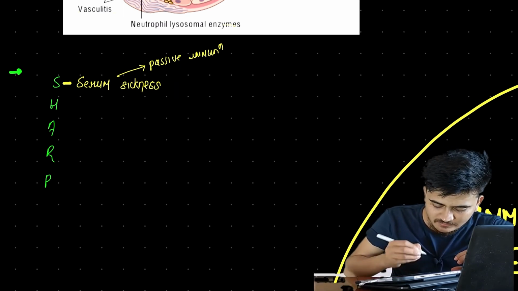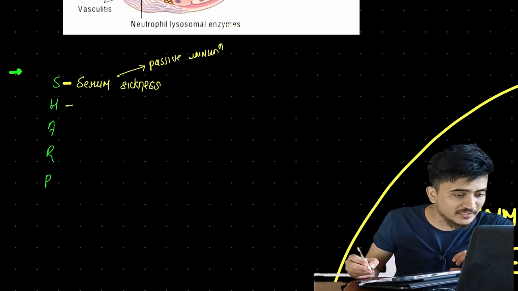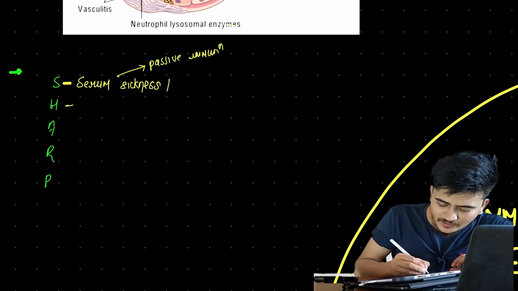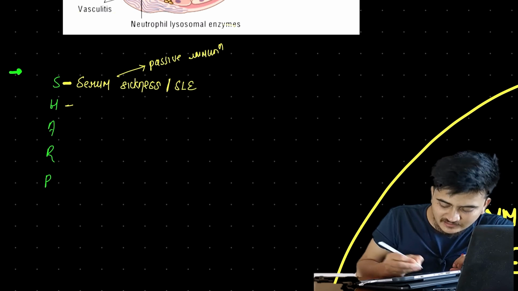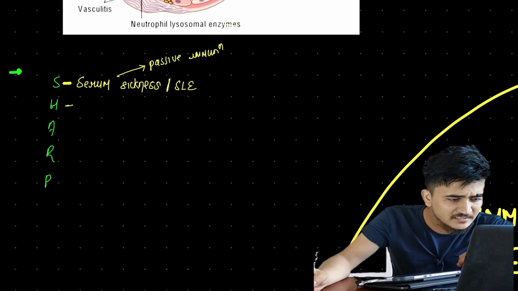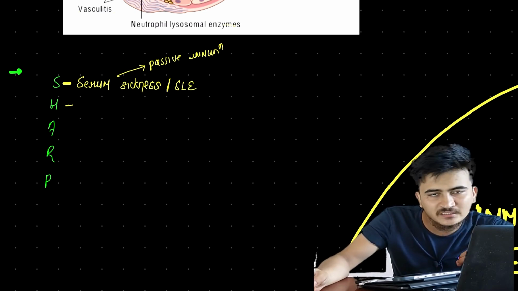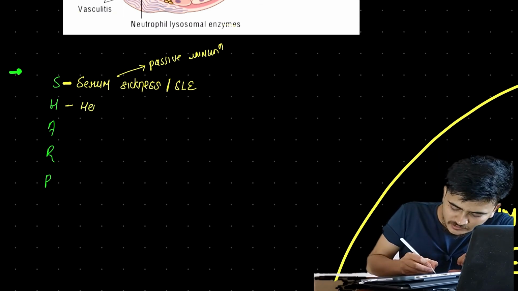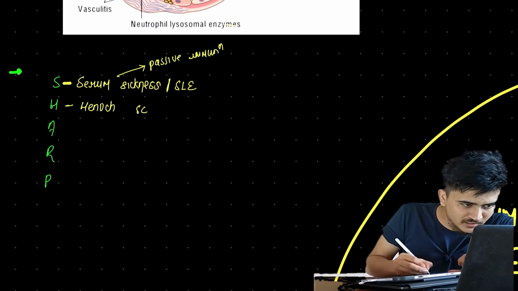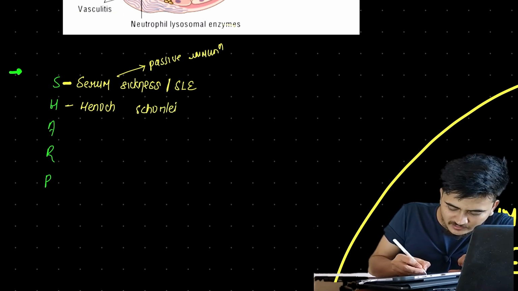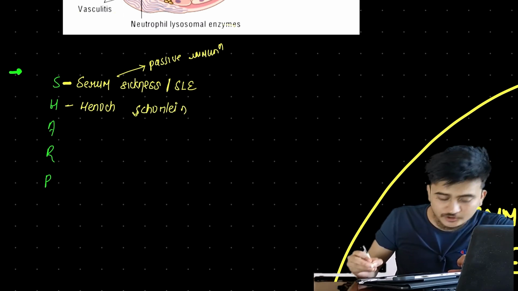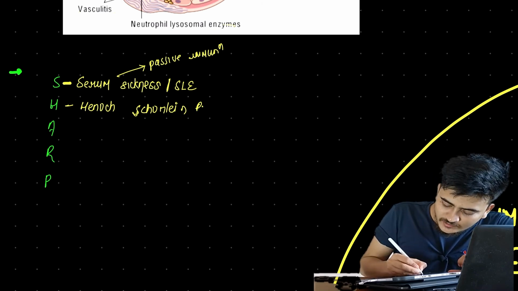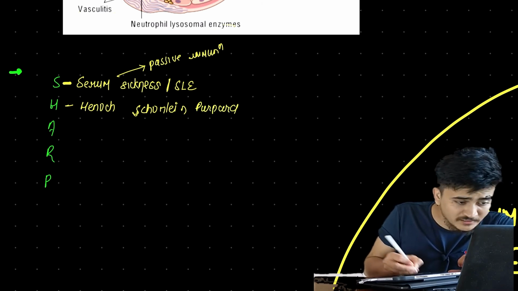Talking about another condition, from S we have got another example, and that is SLE, systemic lupus erythematosus. From H we have got Henoch Schönlein purpura.